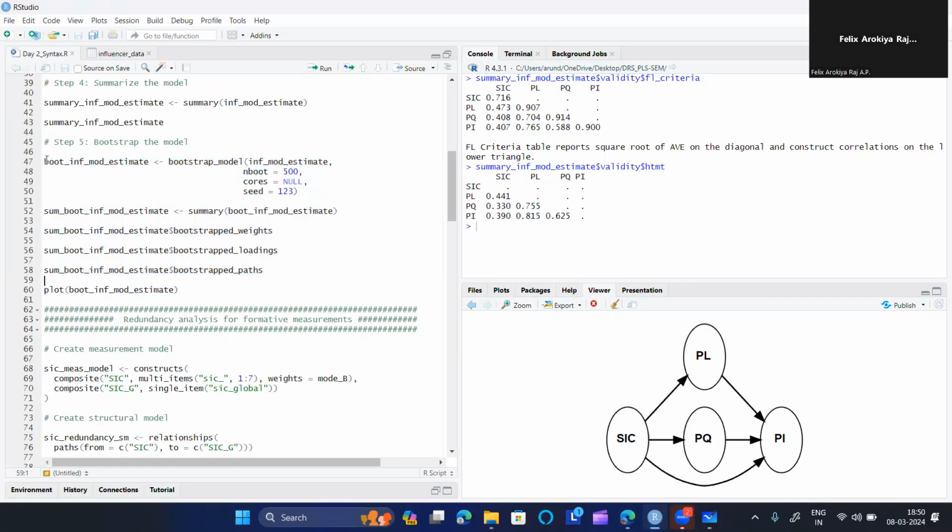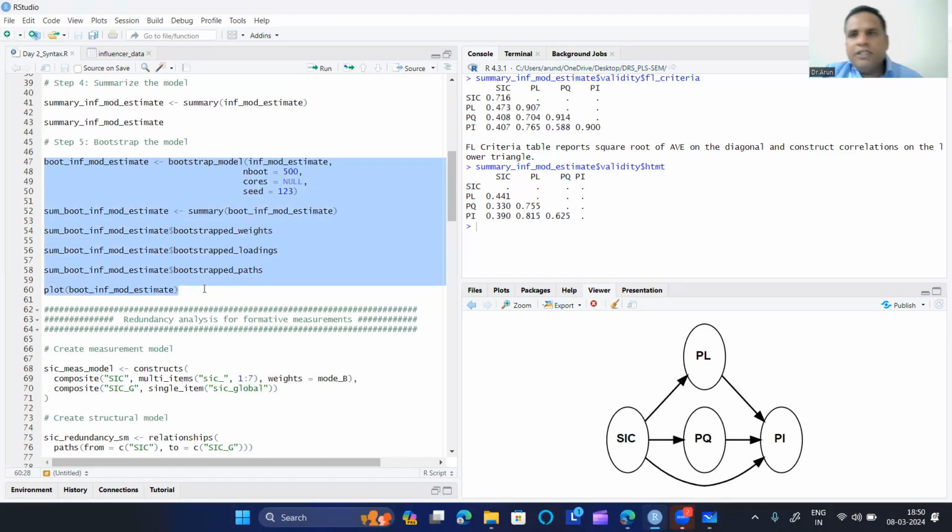Now, friends, as far as establishing convergent validity of the reflective indicators PL, PQ, and PI, all starting with P, they are reflective indicators, and their convergent and discriminant validity is established. But now, for SIC, we have to establish the convergent validity of the formatively measured construct.